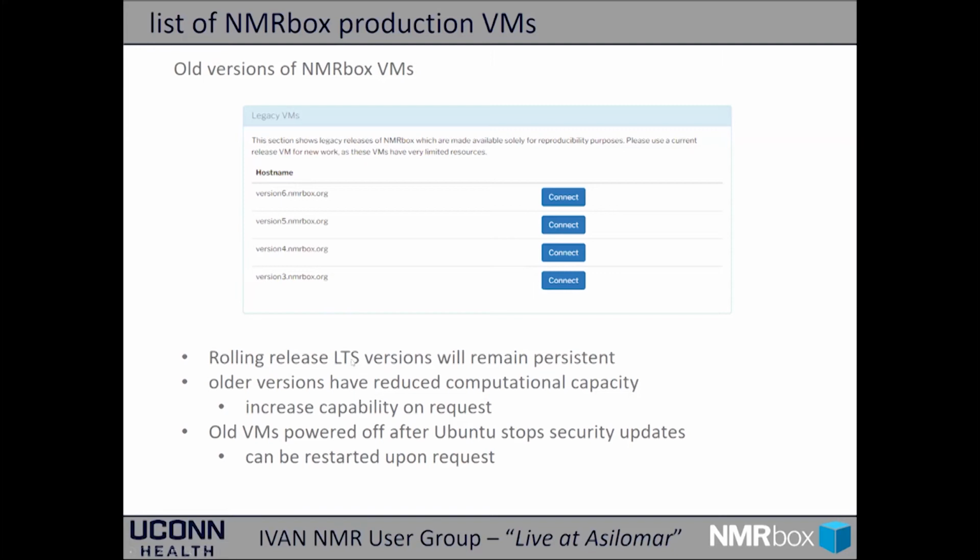Although once Ubuntu stops providing support for the VM, we actually do power them off. That's why versions 1 and 2 are no longer here. Although we still have versions 1 and 2. If you contact us, we'll certainly start them up for you or work with you to get software on those versions that may no longer exist.